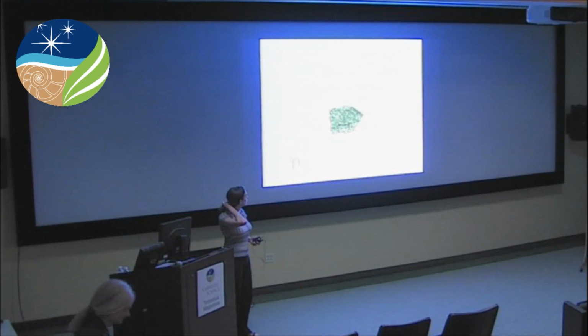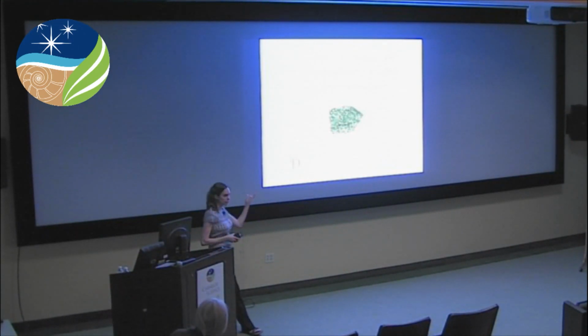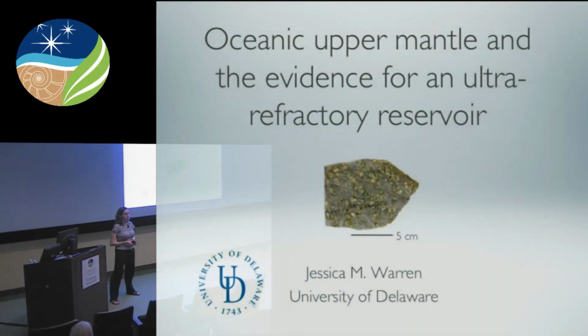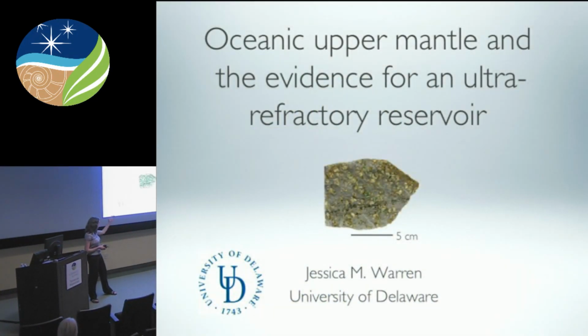So yeah, I'm going to talk today about the oceanic upper mantle. My research focuses on peridotites and largely looking at abyssal peridotites. This is an example of one here. I'm very interested in taking samples that we get of the mantle and using that to understand processes that have gone on in the mantle.